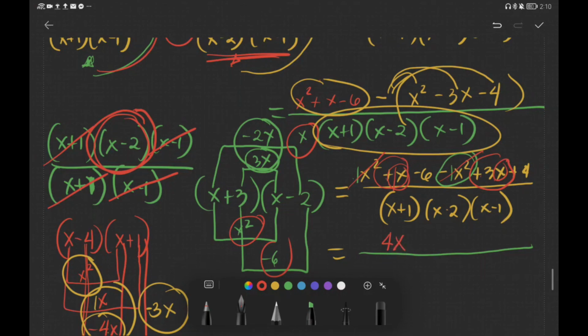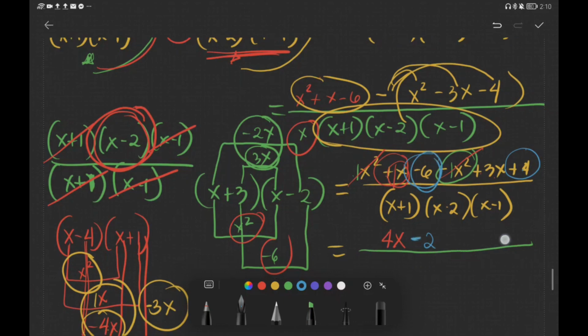So, that is 4x. Another pair is negative 6 and positive 4. Since they do not have the same sign, we subtract 6 minus 4, that is 2. The sign of the bigger number is negative, so we copy negative.